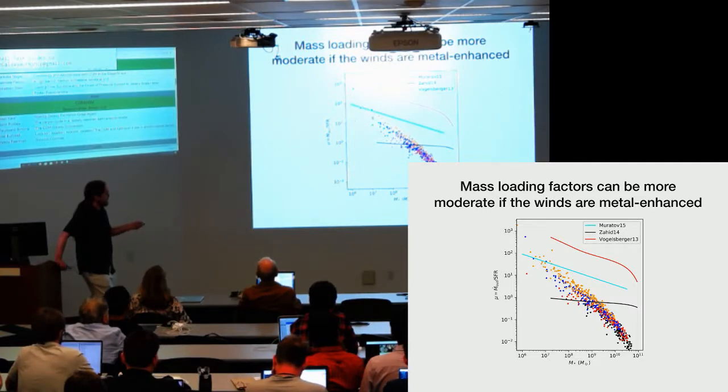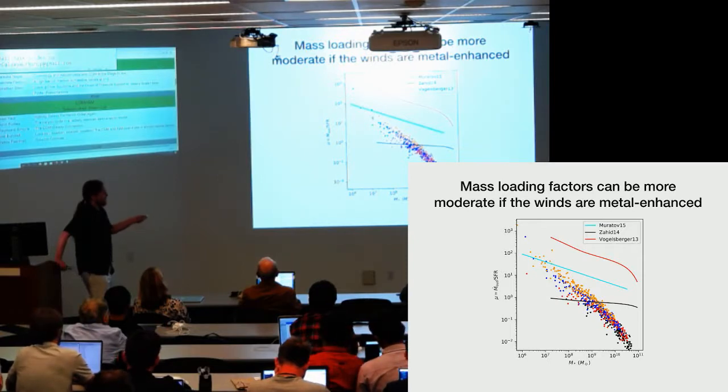This is the mass loading factor as a function of stellar mass. The dotted points here are the posterior distribution of my model at different redshifts, and this light blue line here is the results from FIRE. So these winds are weaker than what people find in some of these simulations, and substantially weaker than what people put into some of these simulations.